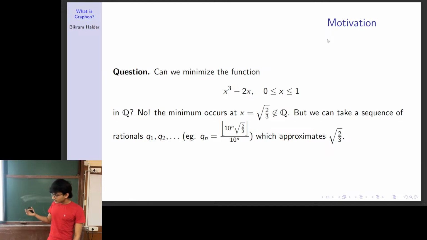Just like that, as we don't have solutions to many problems in the rationals, we had to extend our number system, and we looked at other number systems to deal with the problems.